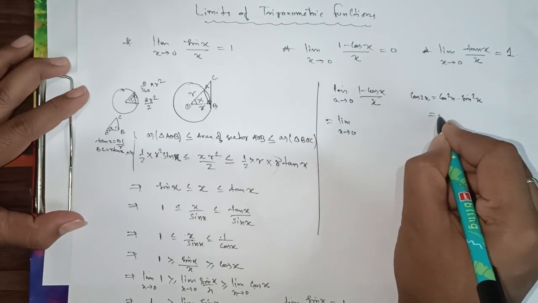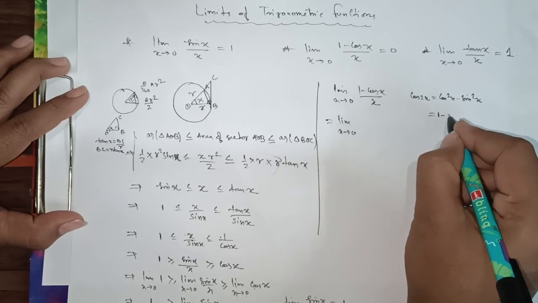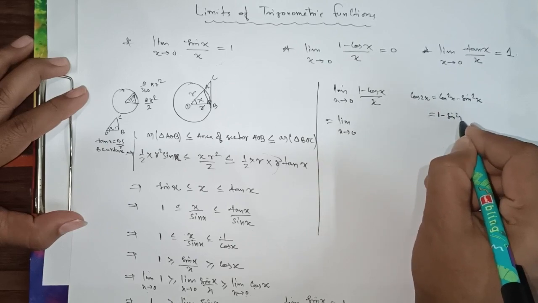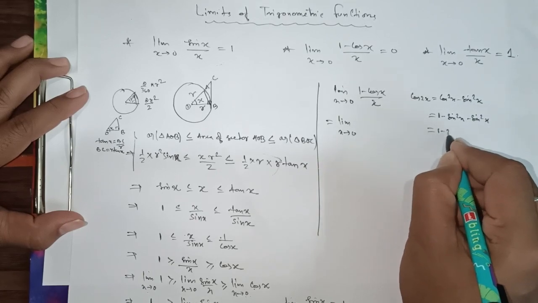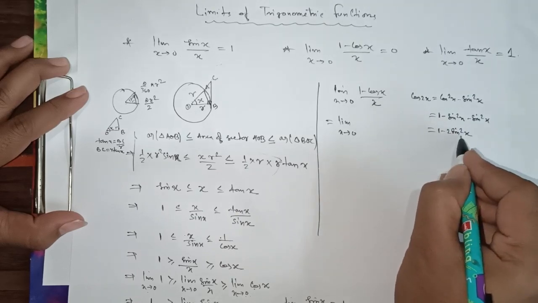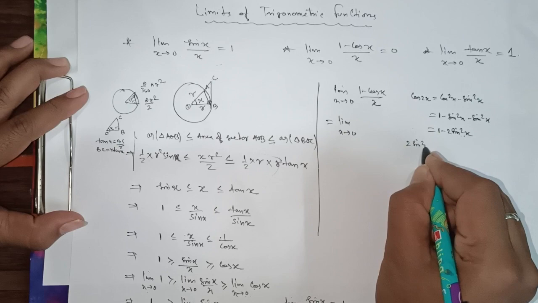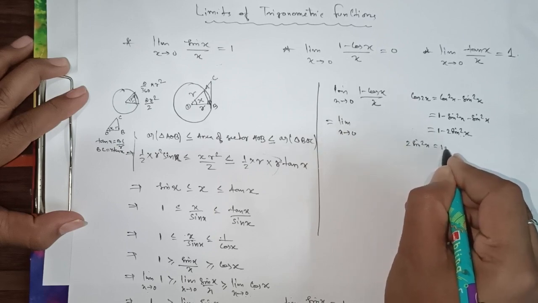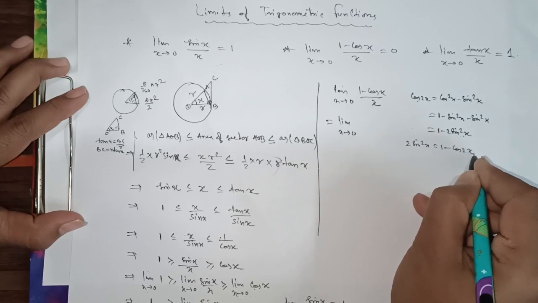This can be written as 1 minus sin square x minus sin square x, which gives us 1 minus 2 sin square x. Now take this 2 sin square x this side, we get 2 sin square x equals 1 minus cos 2x.